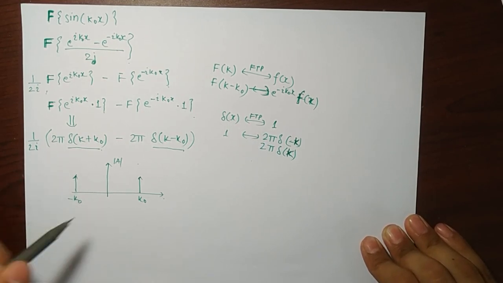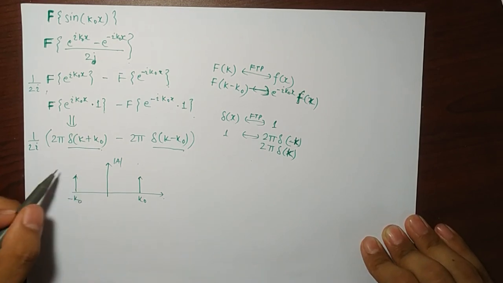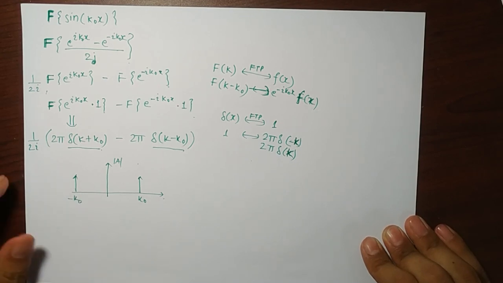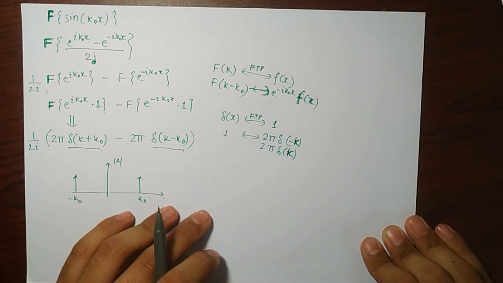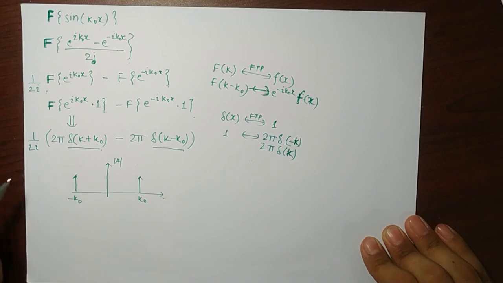This is what we were getting when we were trying to use the definition of the Fourier transform, only that we were not able to get this component. Physically there is no negative spatial frequency, but if you can somehow make sure that this particular frequency shifts in this direction, then you can see the effect of this frequency component.